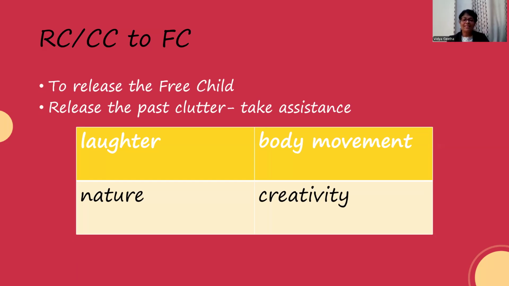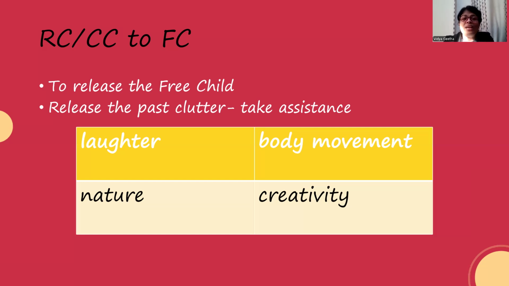What do we mean by assistance here? There are so many psychological tools out there and so many persons dealing with psychology. Take their assistance. There is no harm in that. You need not have depression or anxiety to see a psychologist. For day-to-day living, to live more beautifully, more healthily, more happily, you can definitely consult a psychologist or somebody who is passionate about psychology.